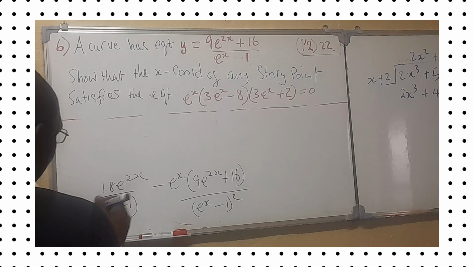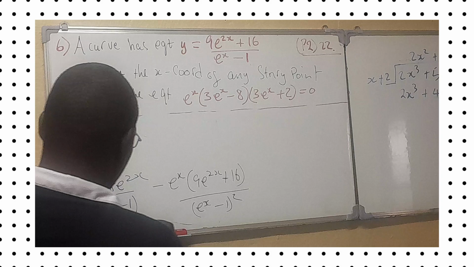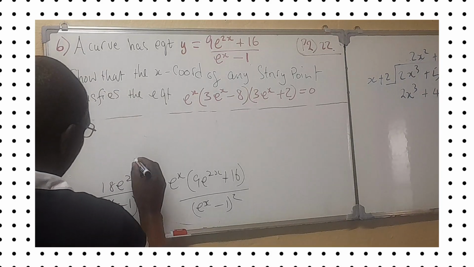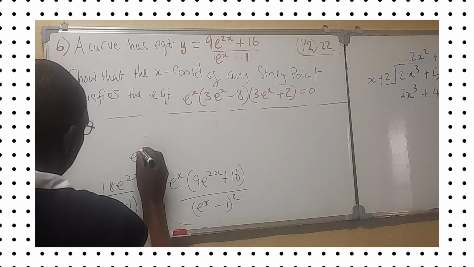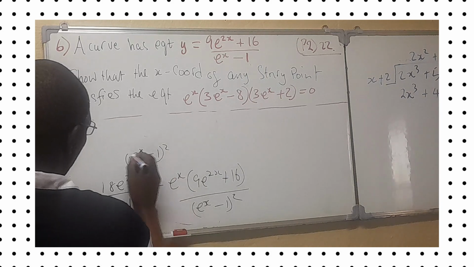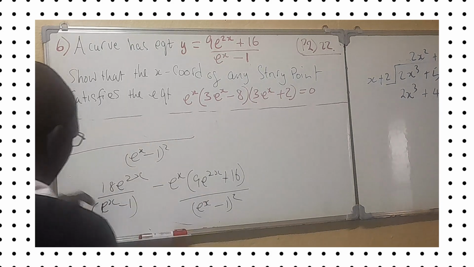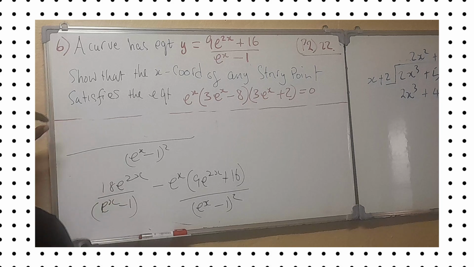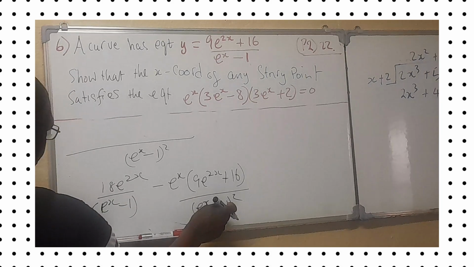But anyway, what I'll do now is I'll put everything under the common denominator, (e^x - 1)^2. Okay, how many times does this one go there? It goes (e^x - 1) times.